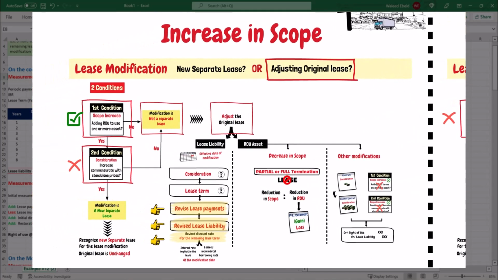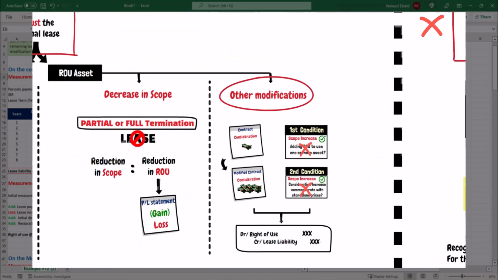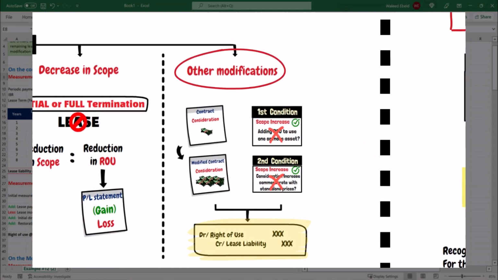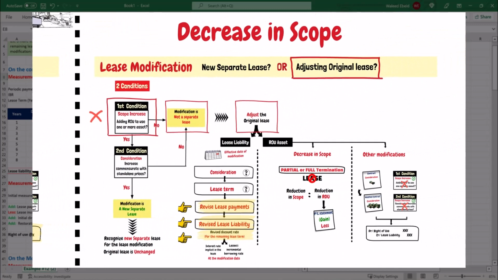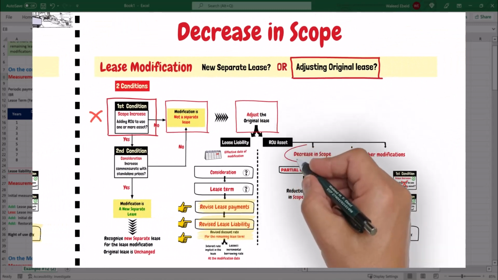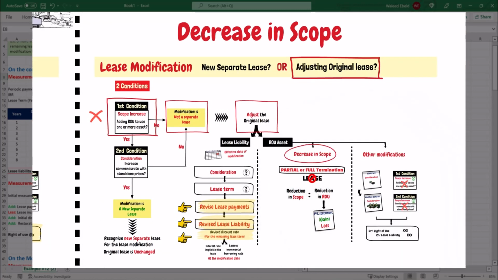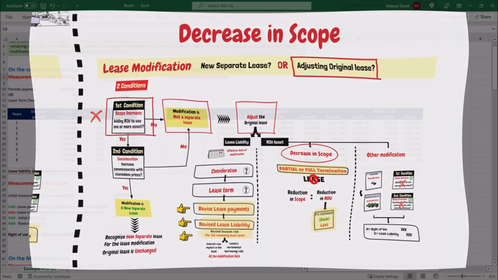As for the right-of-use asset, the first modification falls under the category of other modifications, and in this case, we need only to adjust the right-of-use asset with the same figure of the adjustment done to the lease liability. The second modification falls under the decrease in scope category. In this case, we should figure out the effect of the partial termination of the original lease, then figure out whether we have a gain or loss from that termination.